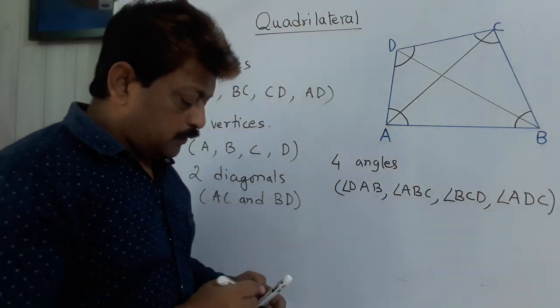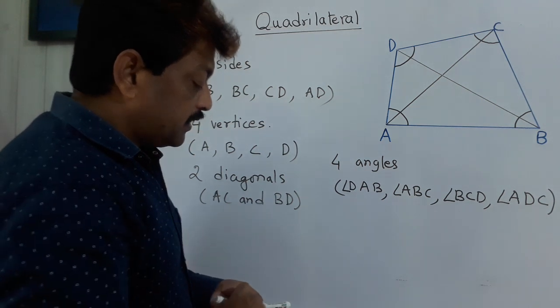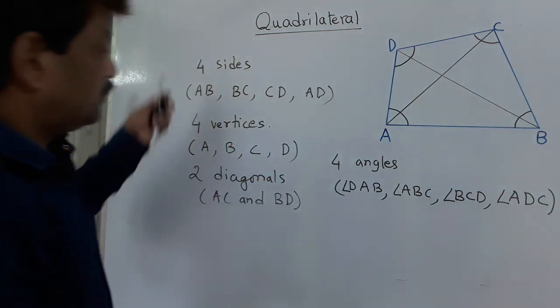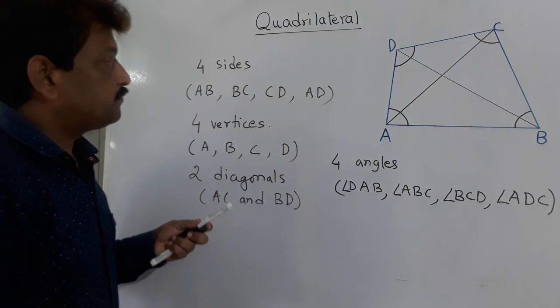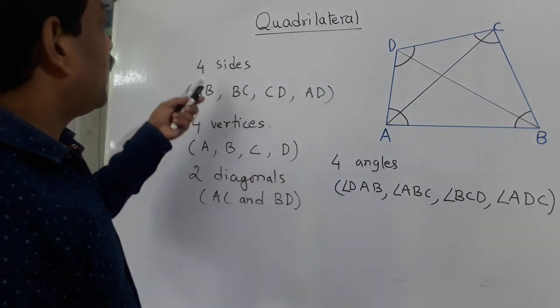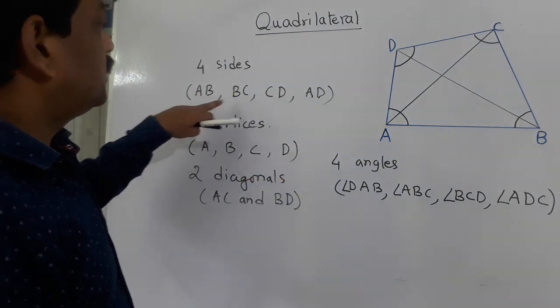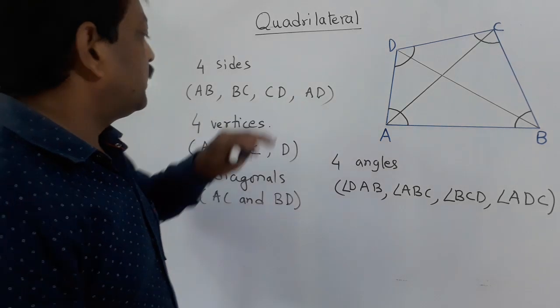Understood? Now some more features are there. Just go through it. A quadrilateral has four sides: AB, BC, CD and AD.